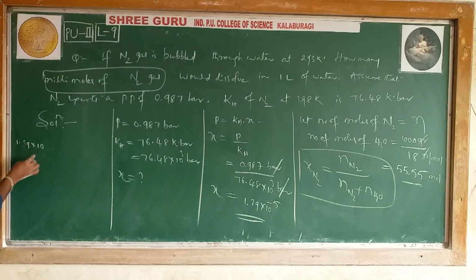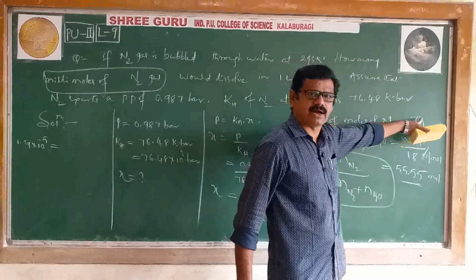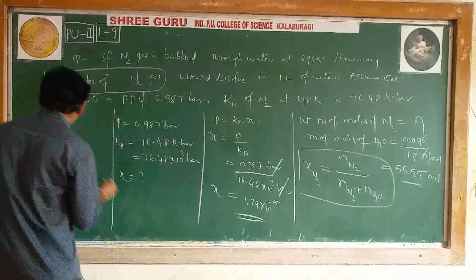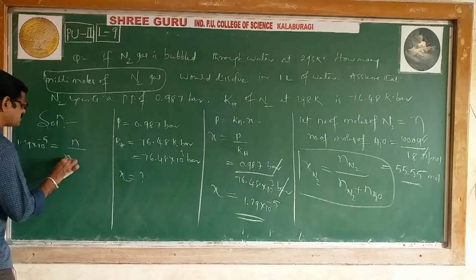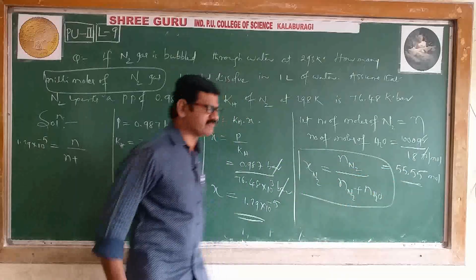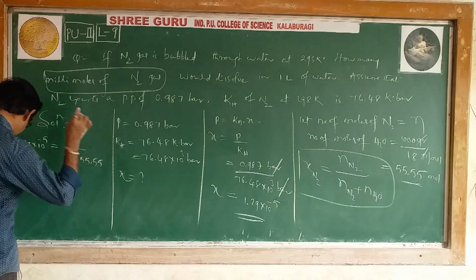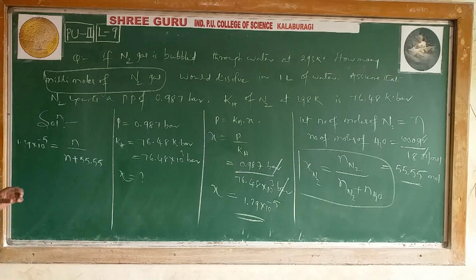1.29 into 10 to the power of minus 5 is equal to the number of moles of nitrogen, which we take as small n, divided by small n plus the number of moles of water, 55.55. Now see the important point. Numerator is moles of nitrogen, and denominator also has moles of nitrogen.